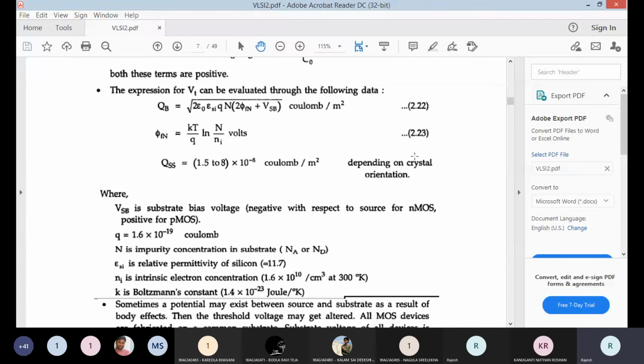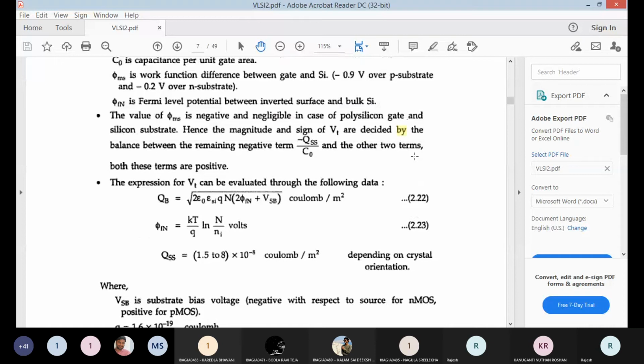So if you see equation 2.22 is an expression for QB. QB is equal to square root of 2 epsilon Si Q into capital N and the remaining parameters. What is phi Fn? Phi Fn is Fermi level potential between inverted surface and Si.